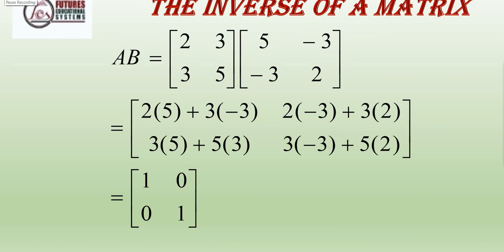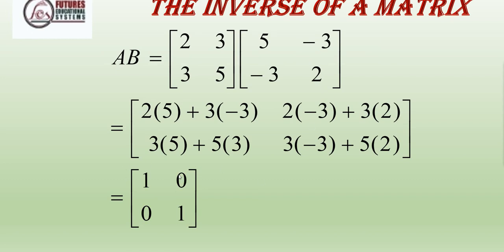The inverse of a matrix. If we have two matrices A and B, multiply A by B: put A first, then matrix B, and multiply the first row by the first column, and the first row by the second column. The second row by the first column, and the second row by the second column.